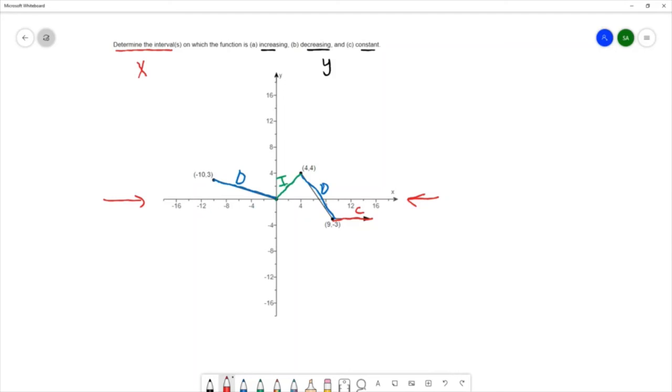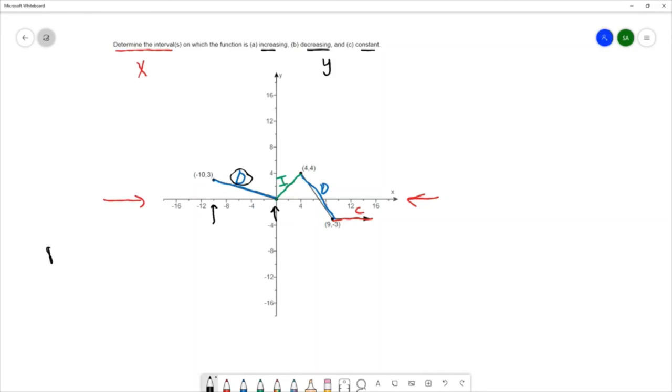And so when we write down the intervals, we're going to write down the x intervals for which the graph is either decreasing, increasing, or constant. So I'd like to write down this first interval that's decreasing, and we want to write down the x where that starts and the x where that ends.